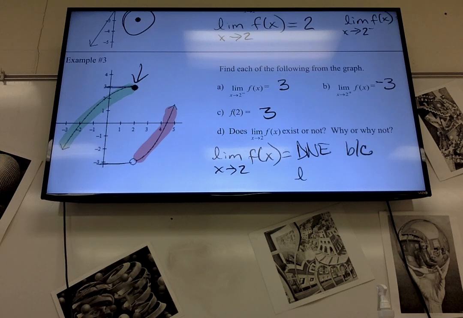because the limit as x approaches 2 from the left is not equal to the limit as x approaches 2 from the right. Notice it had absolutely nothing to do with what f of x or f of 2 in this case actually equaled.